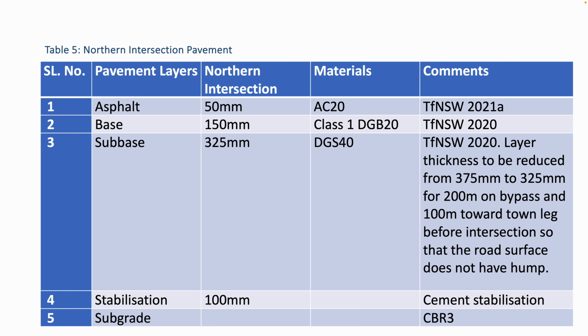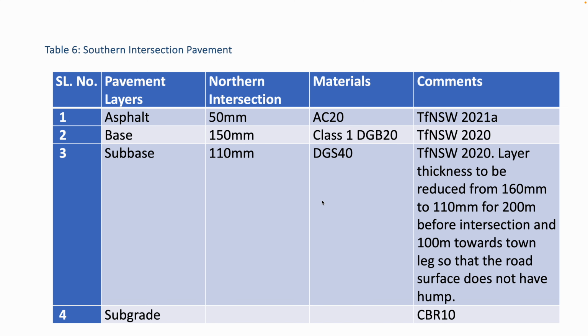And so we'll be reducing the thickness from 375 to 325 to make the transition smooth and so that there's no sudden jerking or uplifting of the vehicle. Similarly, on the southern side, we'll be using asphalt 200 meters before the intersection. So the subbase is adjusted accordingly from 160 millimeter to 110 millimeter.